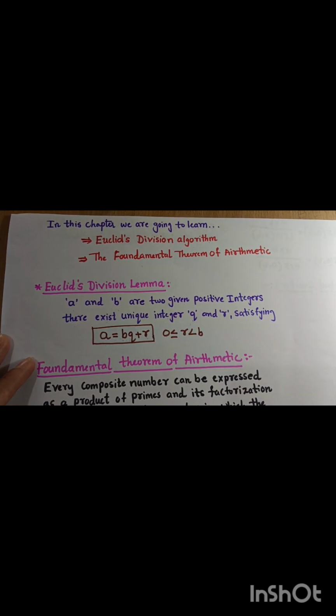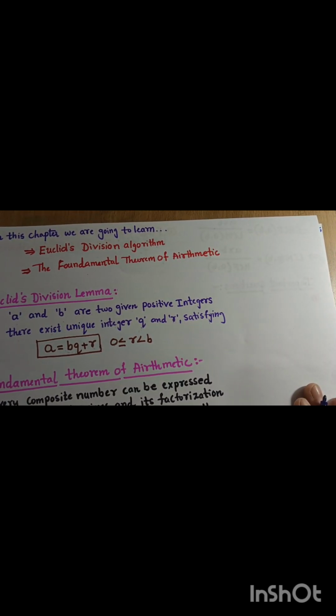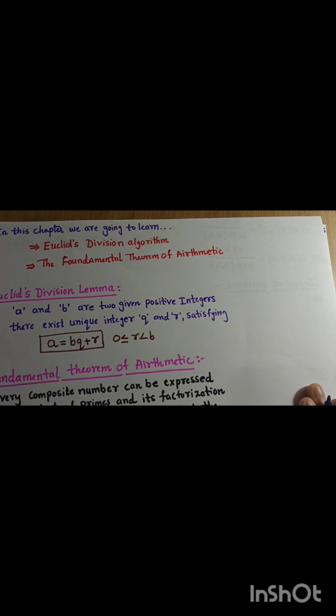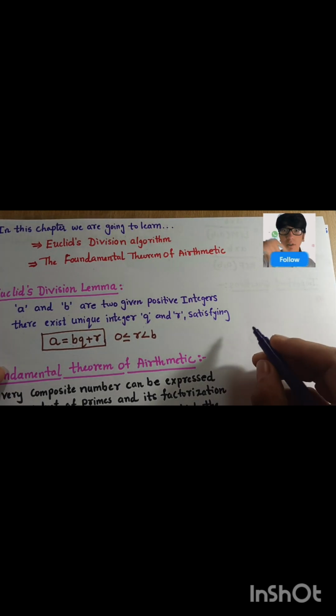I'll tell you one easiest method here. From second or third standard onwards, I think you learnt divisions. When we verify whether our division is correct or wrong, we use one formula. What is that formula?